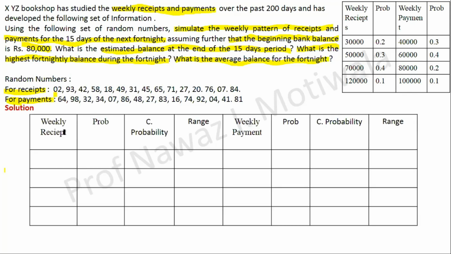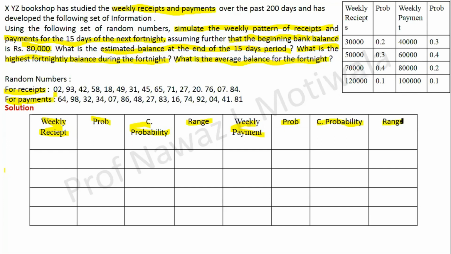The first variable is my weekly receipt, then its probability, its cumulative probability and its range. This completes my first range table for receipts. The second range table will be for the weekly payment, then its probability, its cumulative probability and its range.